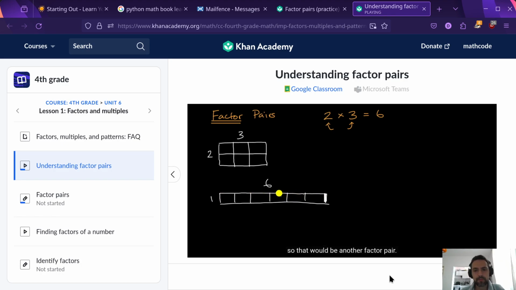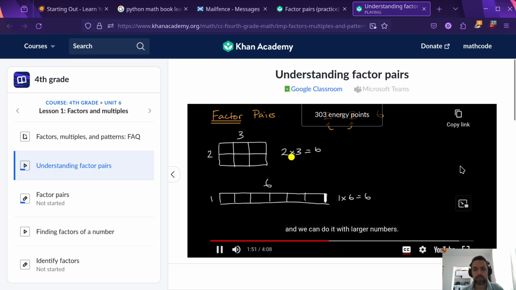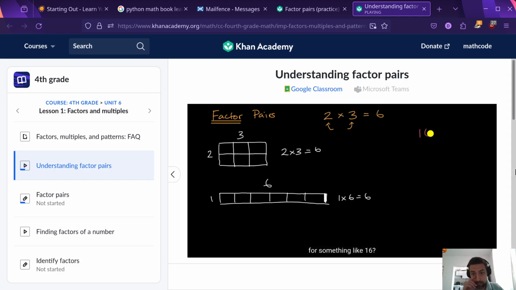So that would be another factor pair. We know that 2 times 3 is equal to 6, and we know that 1 times 6 is equal to 6. And these are actually the 2 factor pairs for 6. And we can do it with larger numbers. We could think about, what about all the factor pairs for something like 16? Pause this video and see if you can think about that.